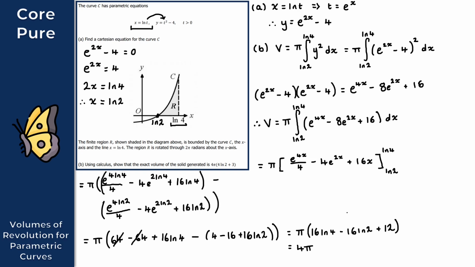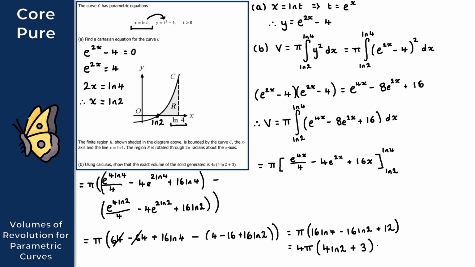So we can write this as a single logarithm. So in that case then, 16 ln 4 minus 16 ln 2. Well, if you factor out the 4, we get 4 ln 4 minus 4 ln 2. Writing this as a single logarithm then, we get 4 ln 2 here. So I get 4 pi, 4 ln 2 here. And then finally, factoring out the 4 here, we get plus 3 there at the very end.